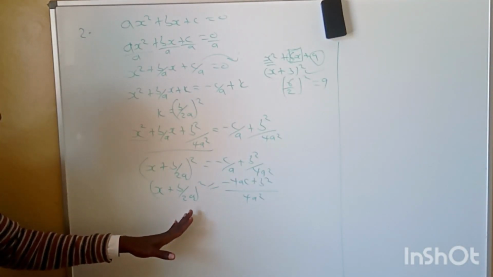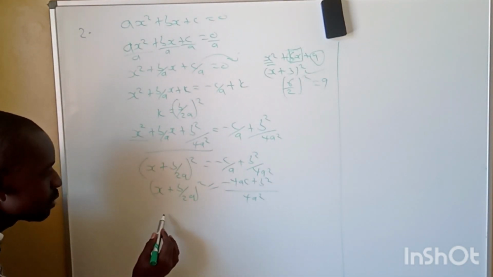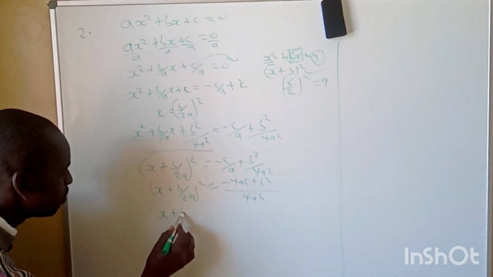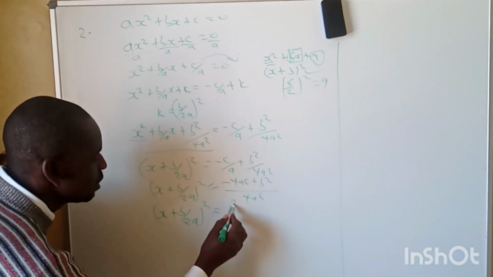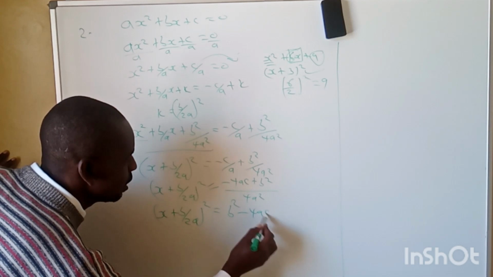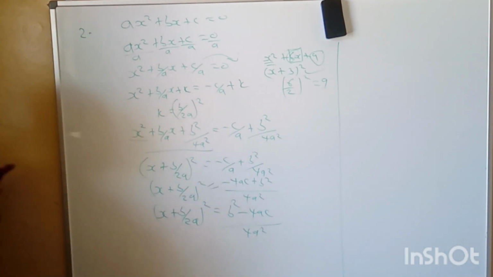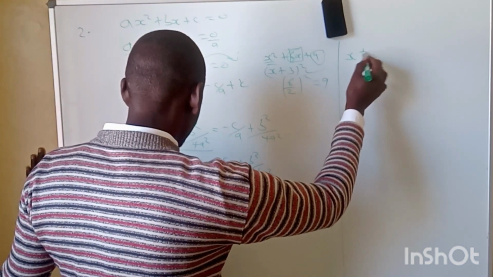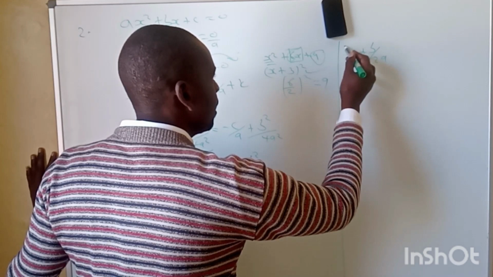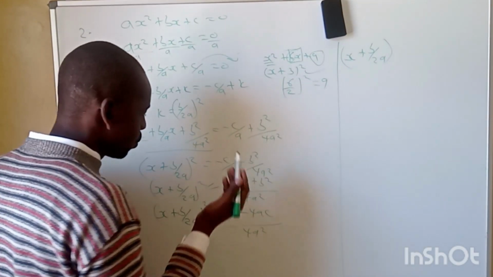If you get the square root of both sides, before we get to that, can we now put that one well? So we have x plus b over 2a squared is equal to, start with the b squared, minus 4ac over 4a squared. So to remove the square sign, we get the square root of both sides. So we are going to have x plus b over 2a. On this side the square will go.